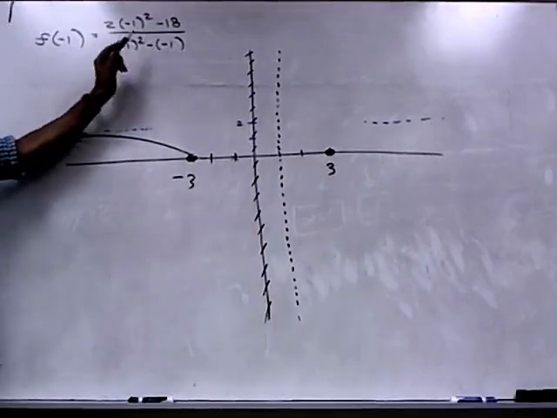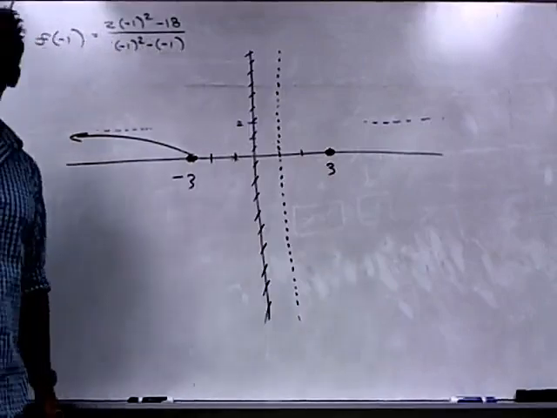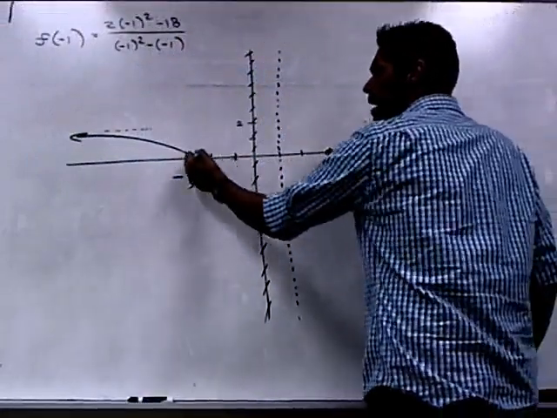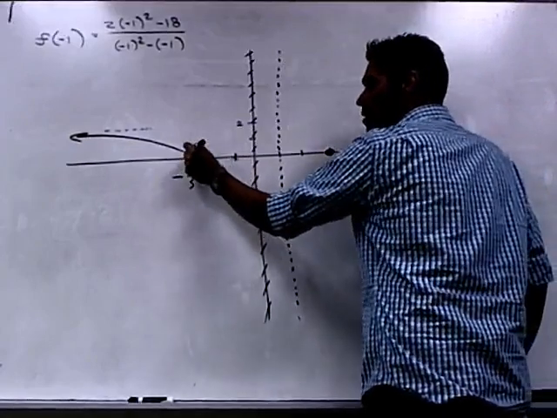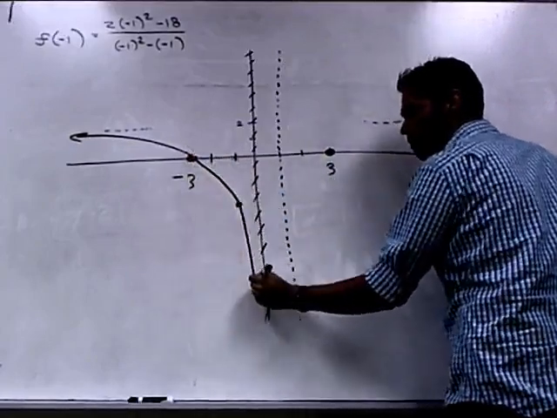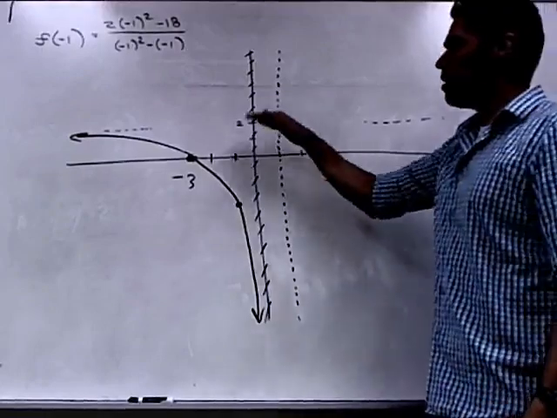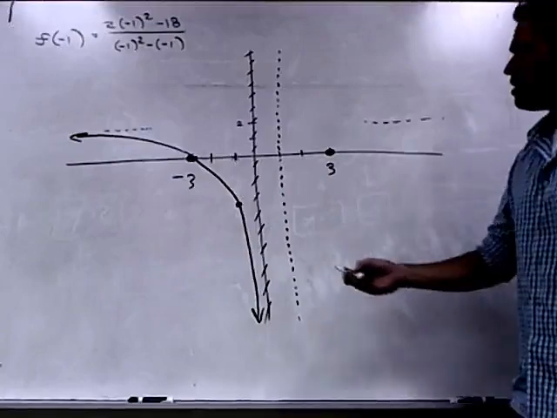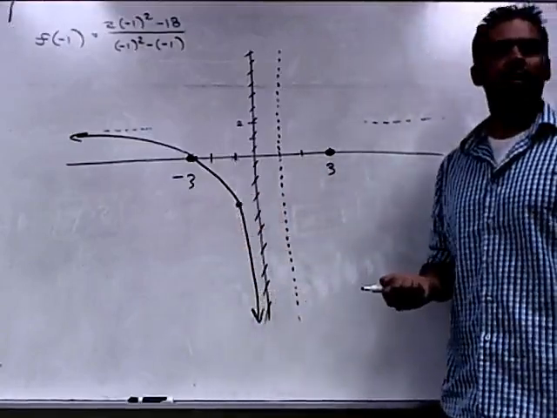Negative is plus. So we get a positive on the bottom, right? So we have a negative on top and positive on the bottom, which means it's negative. And I don't really even care how negative it is. I just know now it's down here somewhere, right? And so I know it's going to go down forever. So whenever we're confused, whenever we're lost and we don't know which way it goes, you can always do a test point. Now, when I get to this vertical, I have to pick my pencil up and move to the other side.